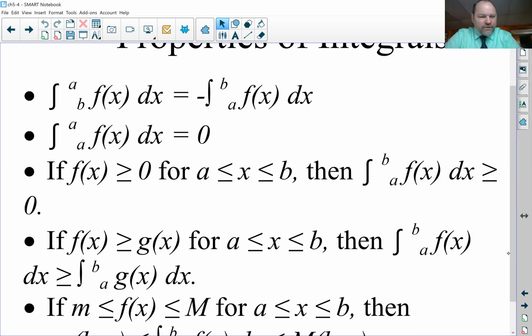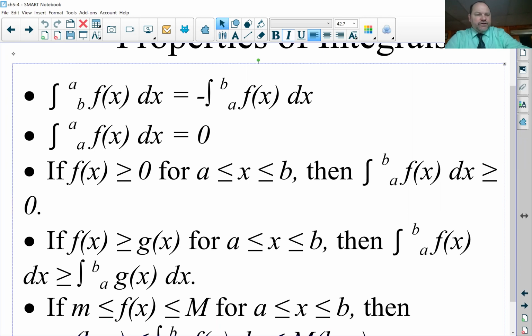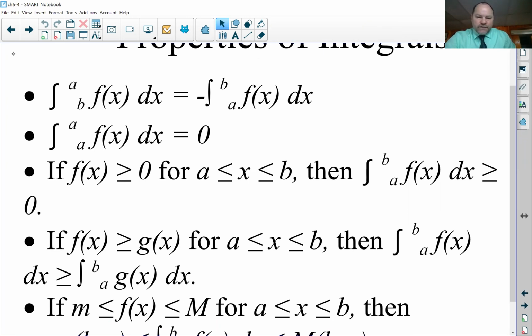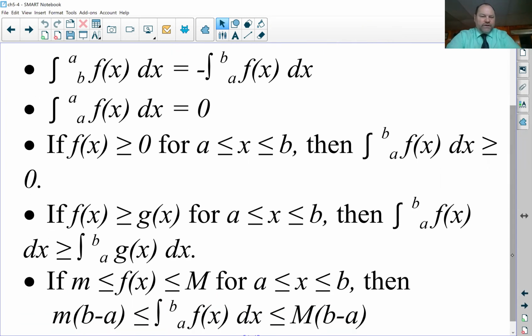If we have a function f that is always greater than another function g, again, for all x on an interval from a to b, then the integral from a to b of f is always going to be greater than or equal to the integral from a to b of g of x.